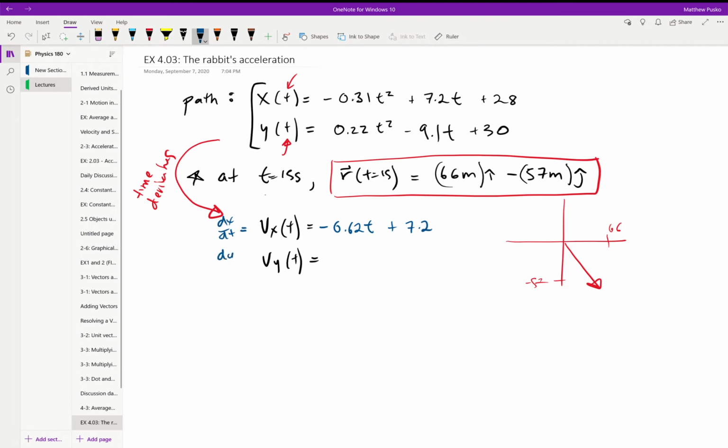If we want dy dt, we take the derivative of the y as a function of t function, and we get 0.44t minus 9.1. Alright, so this is in meters per second.